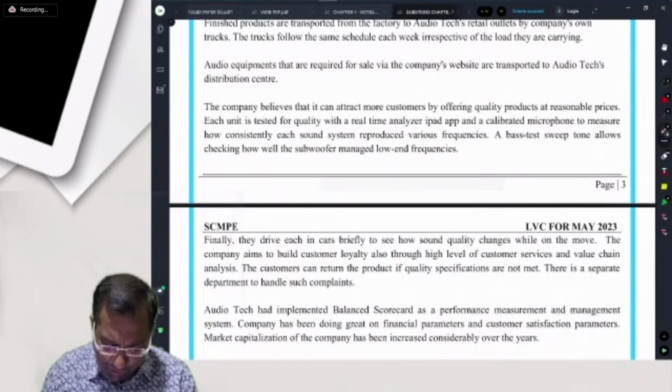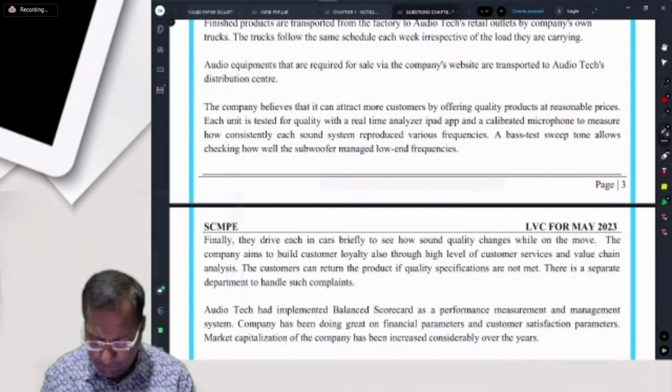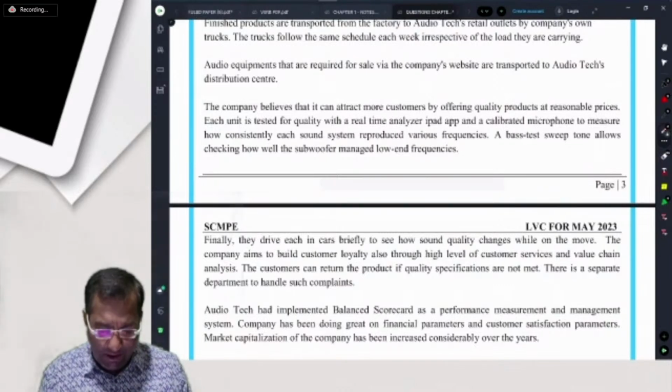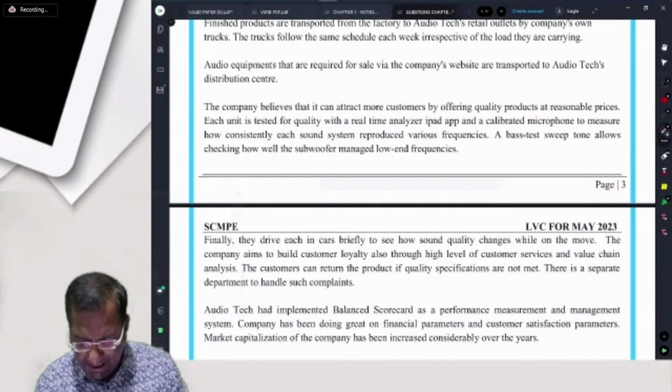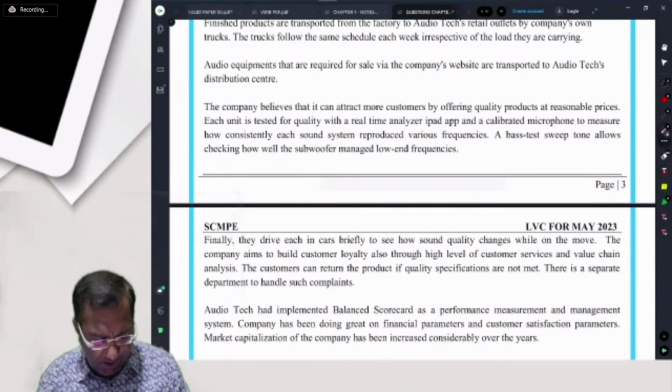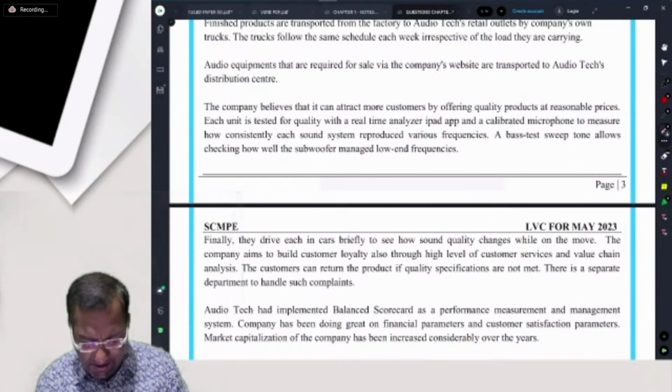The company believes that it can attract more customers by offering quality product at reasonable price. Each unit is tested for quality with a real-time analyzer iPad app and a calibrated microphone to measure how consistently each sound system reproduces various frequencies.